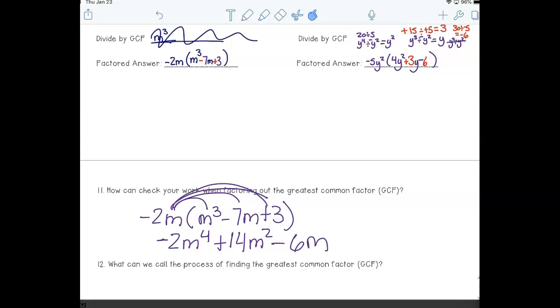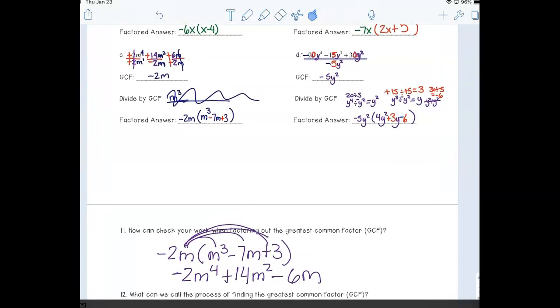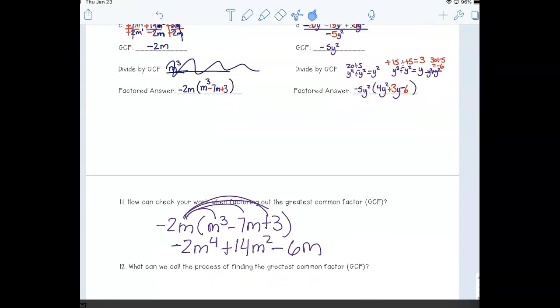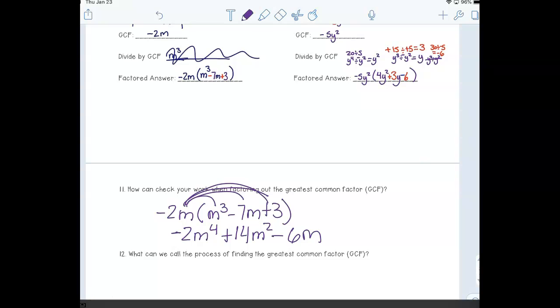Let's go check and make sure that was our original problem. Negative 2m to the fourth plus 14m squared minus 6m. Totally fine. So the way we check is by distributing, or multiplying.